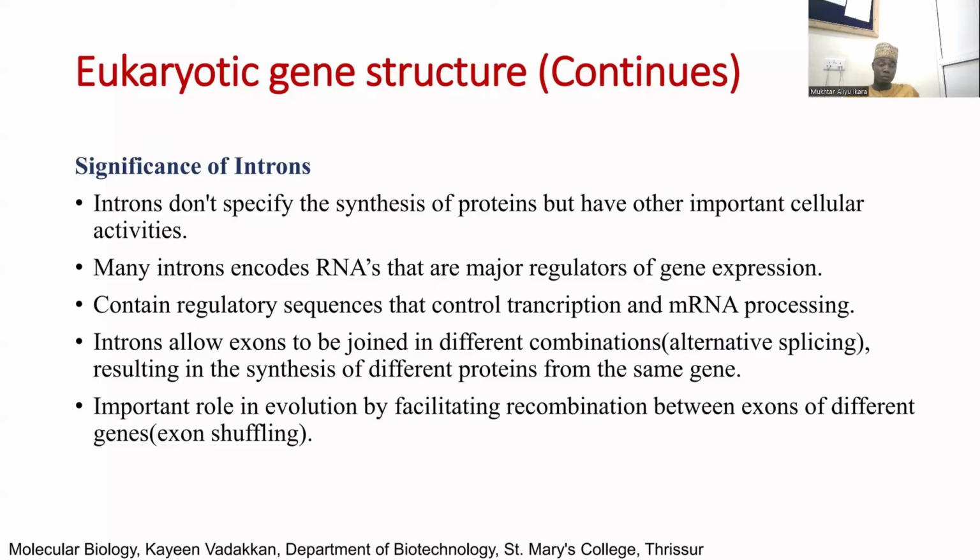So many introns encode different types of other RNAs that are important in regulating gene expression. As I said, examples are microRNA and small interfering RNA, which are just RNA interference.